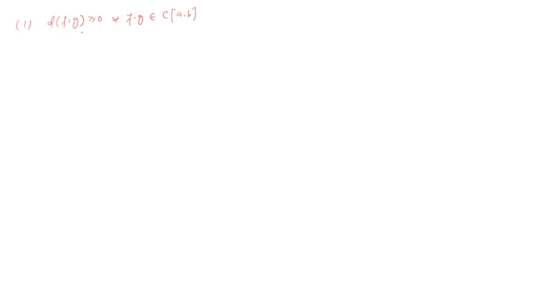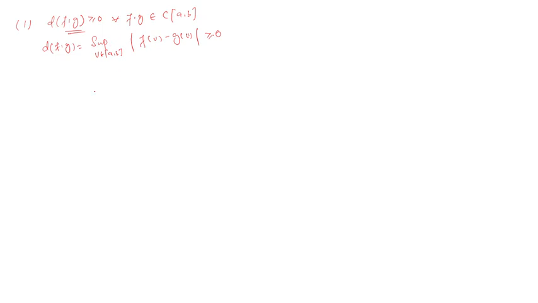Now this thing is true. Why is it true? Because by definition we know d(f, g) is equal to the supremum over u of the modulus difference |f(u) - g(u)|. And since the modulus is always greater or equal to 0, this is greater or equal to 0.